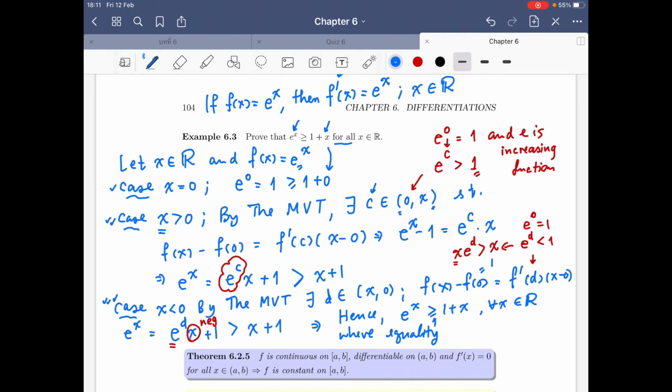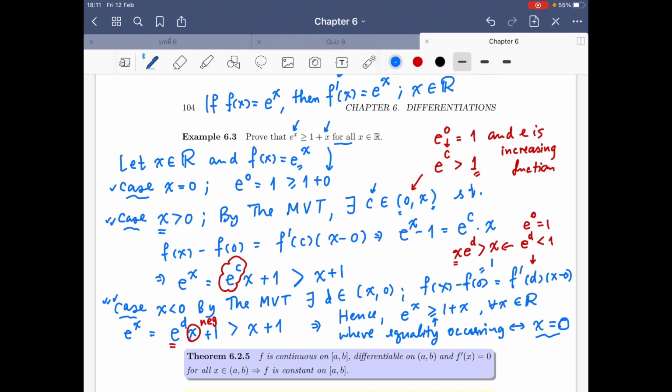In math, sometimes greater than or equal can be replaced, however, if we really put an equal sign, we need to know that the equality case can occur. So the equality occurs whenever your x is 0. All right, so this can be one of the immediate applications of your mean value theorem.